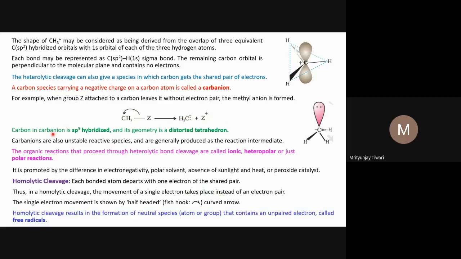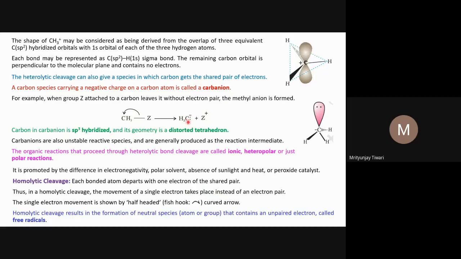Carbon in a carbanion is sp3 hybridized. In this case, what do we see? This carbon atom has a complete octet. The metal's octet will not be complete, and anyway, it is a metal, so metals have electropositive character. This carbon atom has its complete octet. Why?